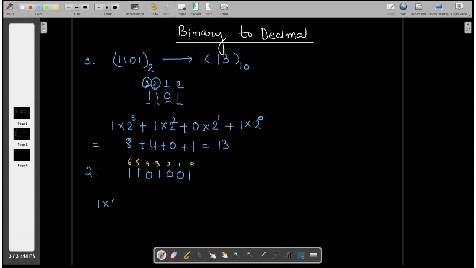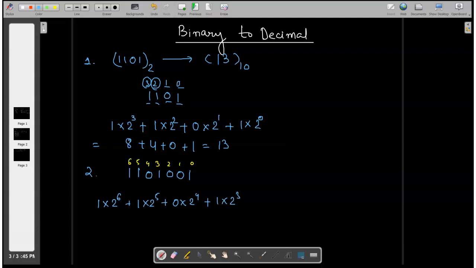1 into 2 to the power of 6 plus 1 into 2 to the power of 5 plus 0 into 2 to the power of 4 plus 1 into 2 to the power of 3. I hope you all understand how I'm doing it.